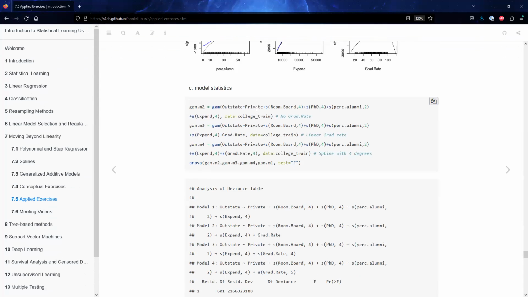Quickly looking at some models, if you look at a model without the graduation rate, with the graduation rate, and then with the graduation rate but with a fourth degree spline there.